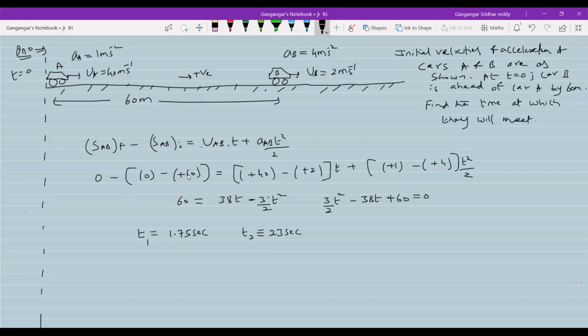First car A will overtake car B. Then again car B will overtake car A. So how will the set of diagrams be?